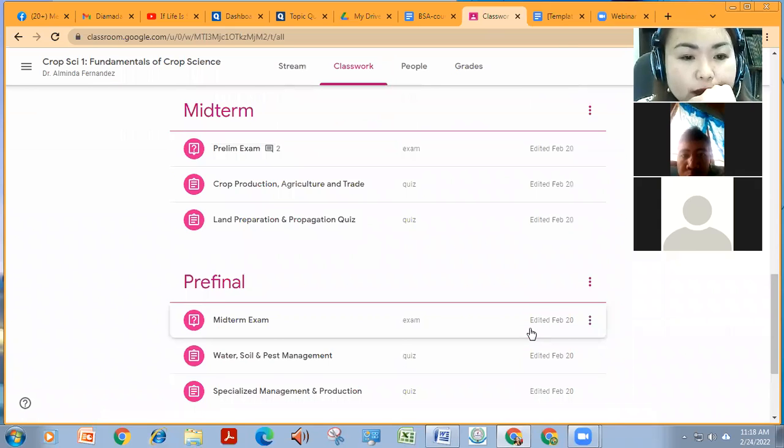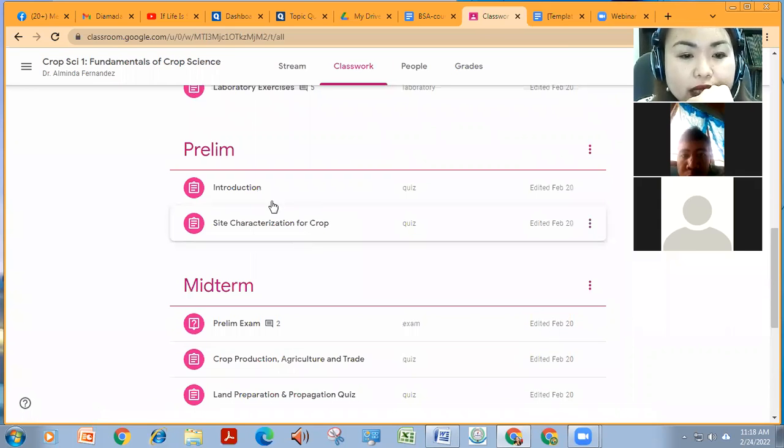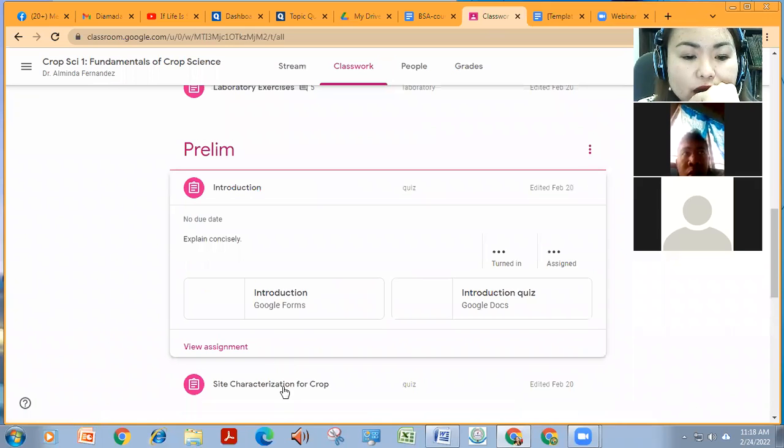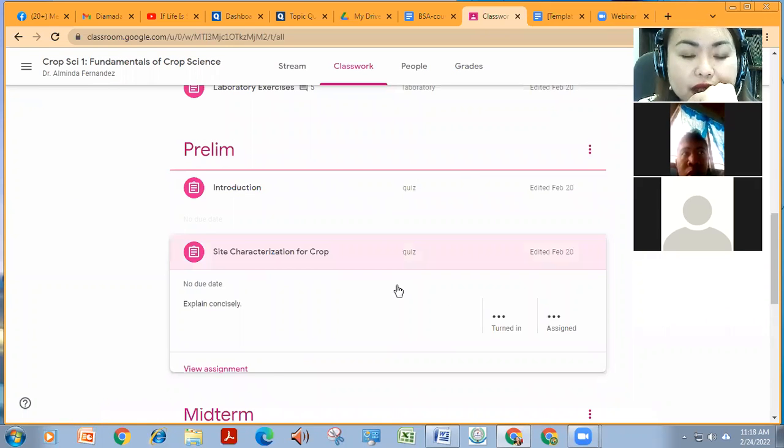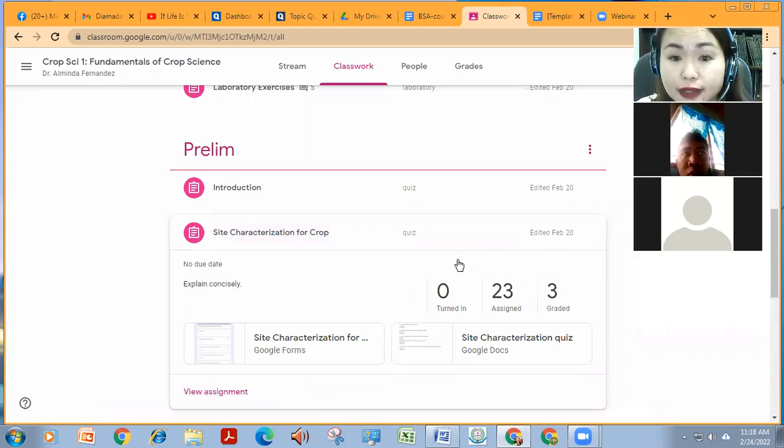So like for example, under this prelim, meron tayong quiz sa introduction at saka quiz sa site characterization na topic. So yun yung prelim module natin.